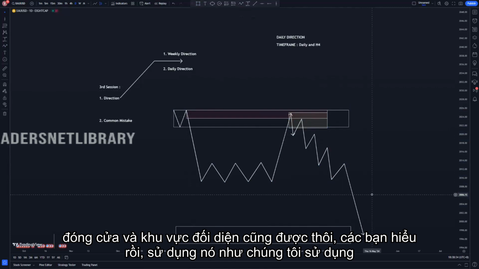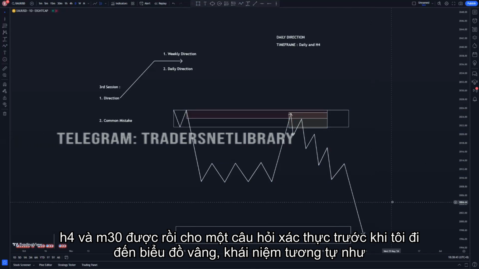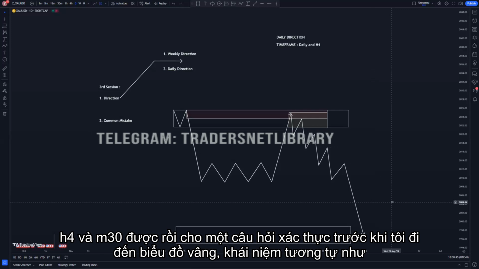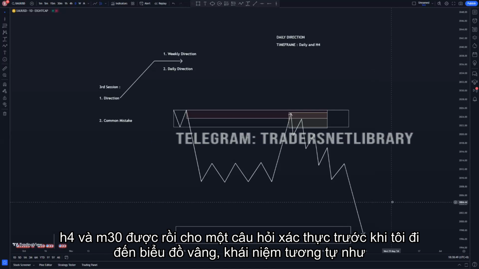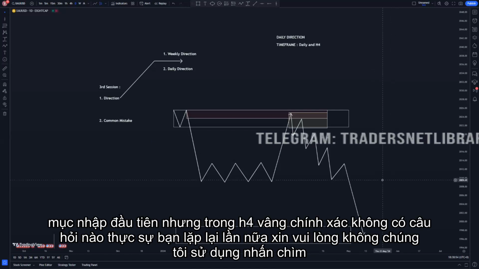Do you guys get it? Use it like we use H4 and M30. Okay. For now, is there any question before I go to the chart? Yeah, the same concept as first entry, but in H4. Yeah, exactly. No question?